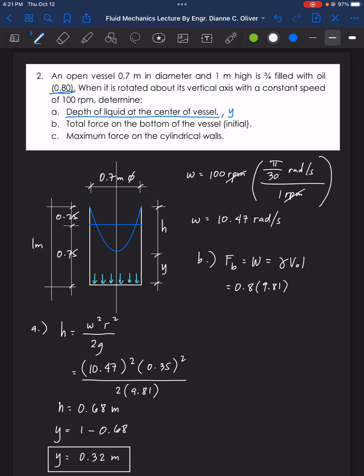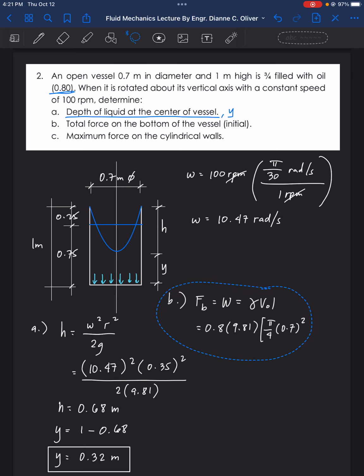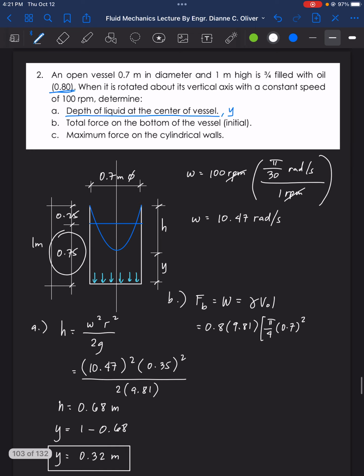The volume of the initial condition is pi over 4 times the diameter of 0.7 squared, times the height, which is 0.75.